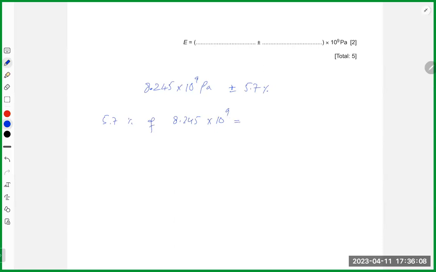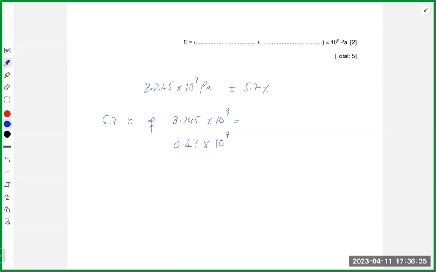So what is this? Sir, 0.47 into 10 to the power 9. Sorry? 0.47 into 10 to the power 9. Okay. So this will be the absolute uncertainty.